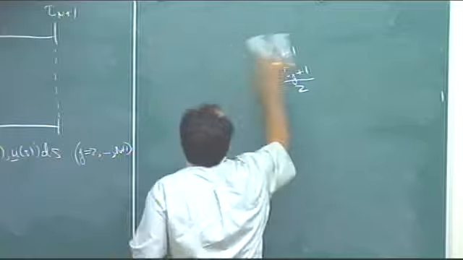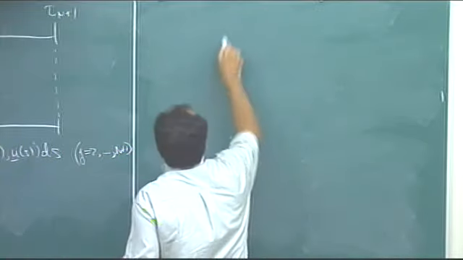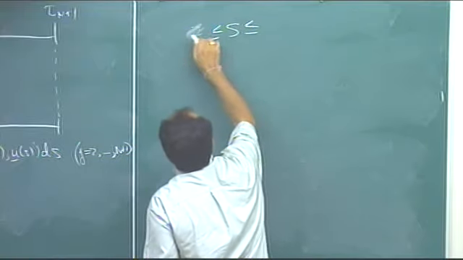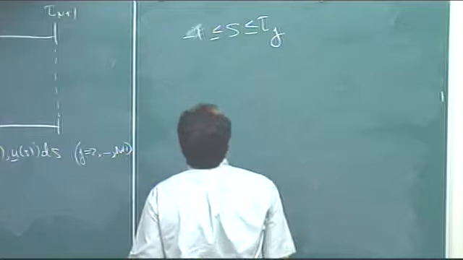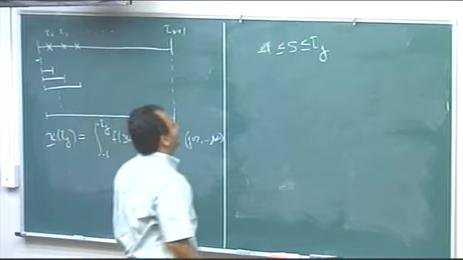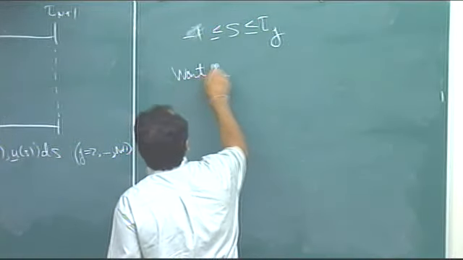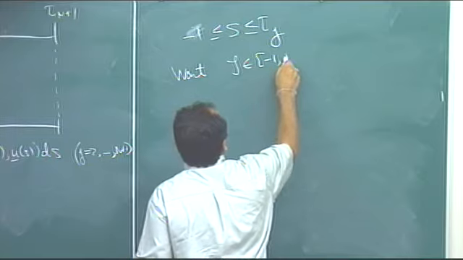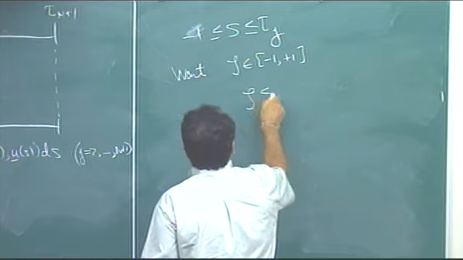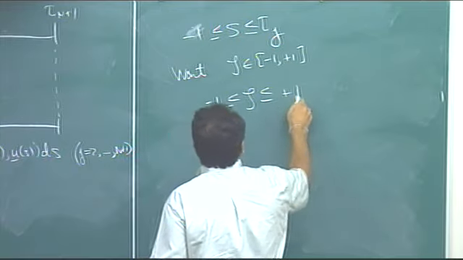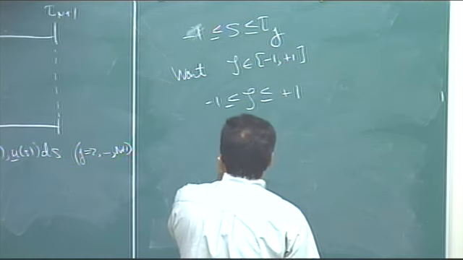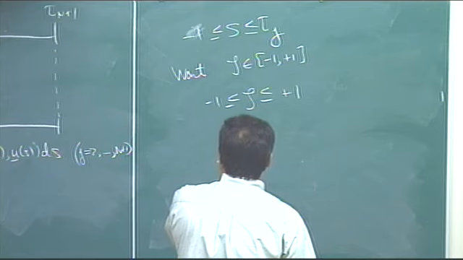Let's start over again so I can make sure I do this right. I know that s goes from -1 to tau j, right? So what I want is to transform this to the interval -1 to 1. So we want zeta on the interval -1 to +1, because that allows me to use a standard quadrature, right? So if zeta is my variable that goes from -1 to +1, I want to transform this to the interval from -1 to tau j plus 1 over 2.